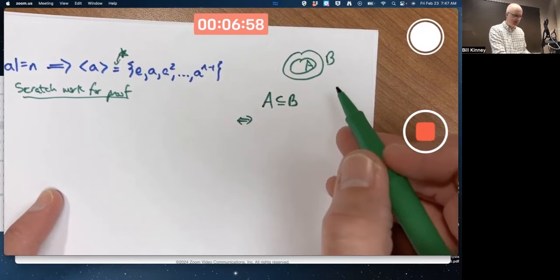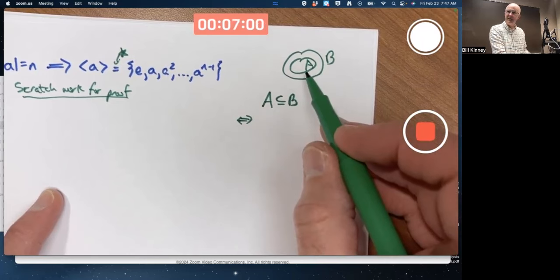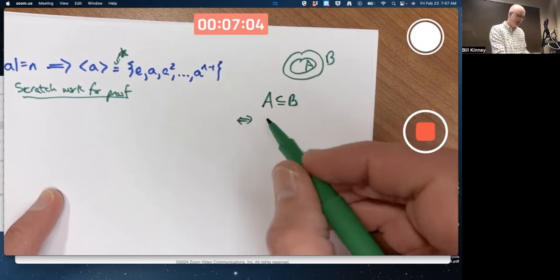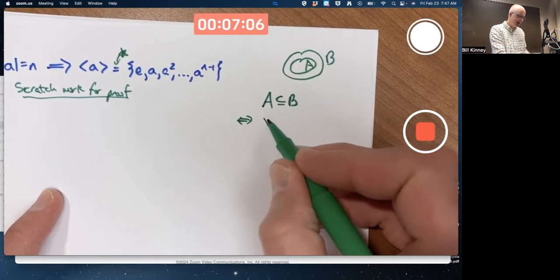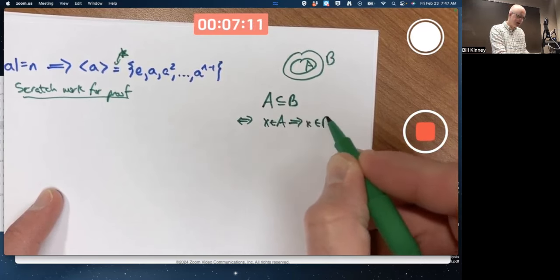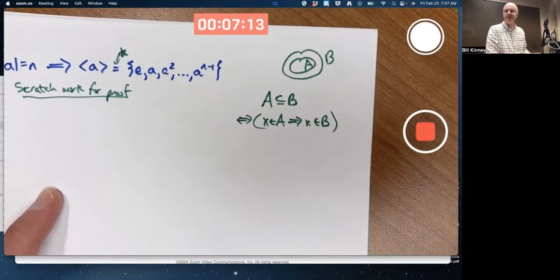It means if and only if any element of A must also be an element of B. If and only if the implication X being in A implies X is in B is true. That's what it means to be a subset.